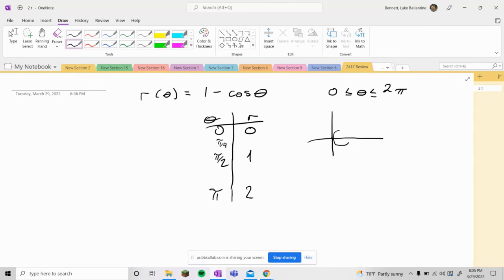I know cosine would look like this, and then 1 minus, I don't think it matters too much what it looks like. But we know that area is 1/2 integral from alpha to beta of r squared d theta.